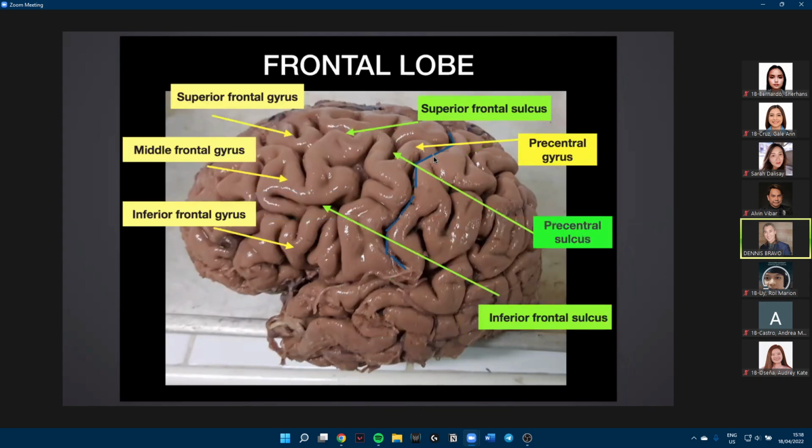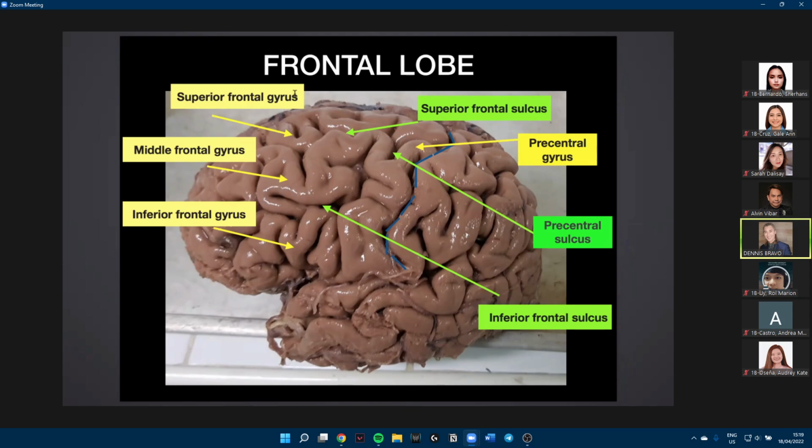Now, let's focus our attention on the frontal lobe. Earlier, the gyrus that we studied that is part of the frontal lobe is this precentral gyrus. It is separated from the rest of the frontal lobe by this precentral sulcus. But what about the rest of the frontal lobe? We can divide the rest of the frontal lobe into the superior frontal gyrus, the middle frontal gyrus, and the inferior frontal gyrus.